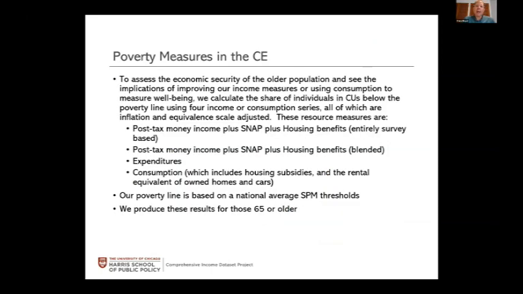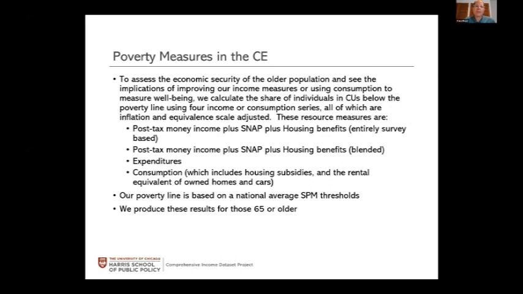To assess the economic security of the older population and see the implications of improving our income measures or using consumption to measure well-being, we calculate the share of individuals in consumer units below the poverty line using 4 income or consumption series, all of which are inflation and equivalent scale adjusted.